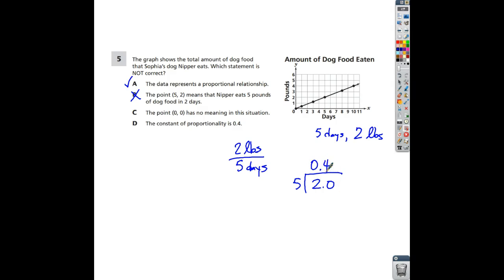So my constant of proportionality, or my unit rate, is actually 0.4. We knew that this one is correct. So B is the one that is not correct. So this would be the correct answer. Okay, or that's the answer for this question. All right, hopefully you have a working idea of how to do some equations here. We will practice more in class tomorrow.